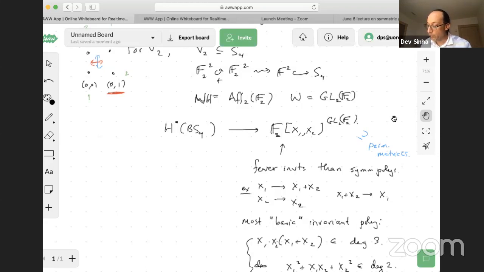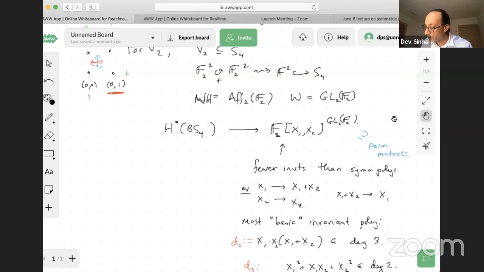And Dixon shows that, for example, the invariants here are isomorphic to, let's call these, they have lots of names in the literature, so I'll just call this D2 and this D3.